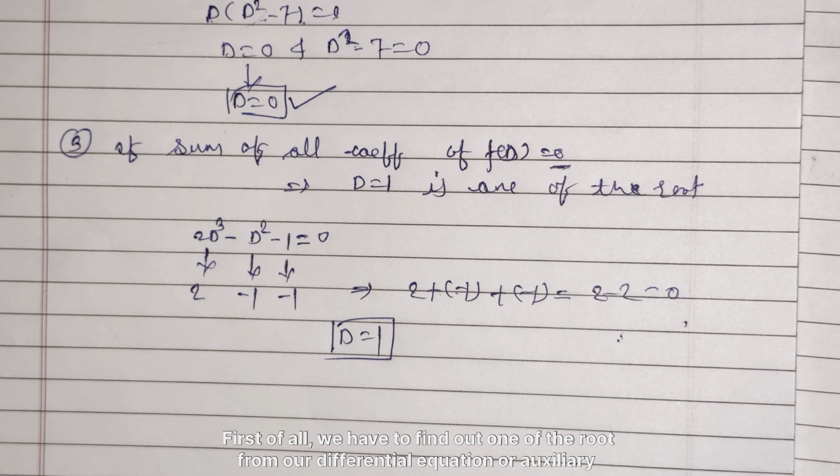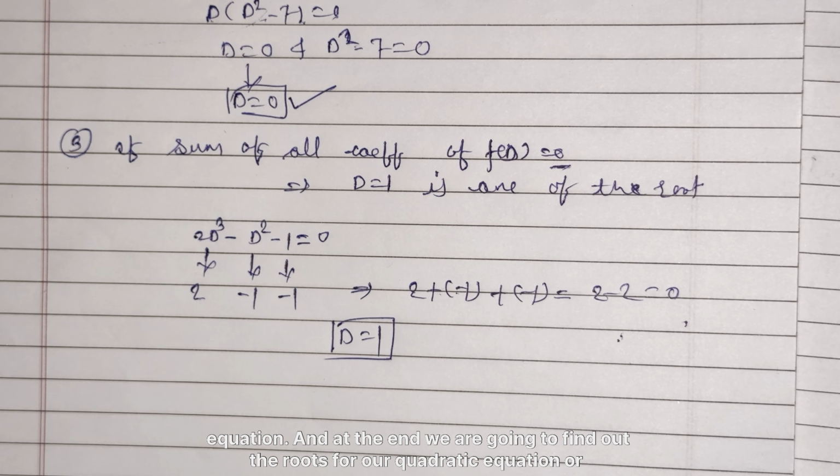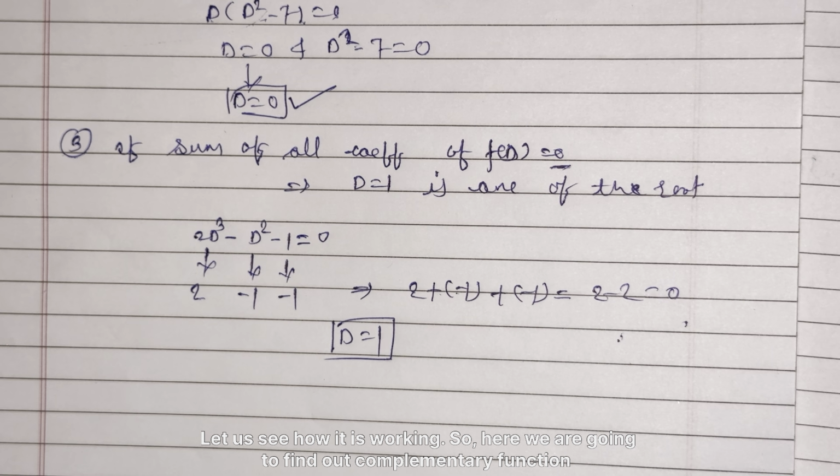Okay, first of all we have to find one of the roots from our differential equation or auxiliary equation, and at the end we are going to find the roots of our quadratic equation or quadratic auxiliary equation. Okay, let's dive into some examples. Let's see how it works.